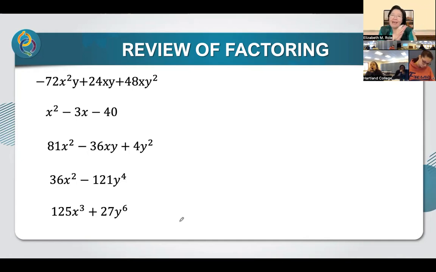You remember the ones that we learned. Factoring GCF, if you have a trinomial with the leading coefficient 1, if you have a perfect square trinomial, if you have a difference of squares, if you have the difference or sum of cubes. All right. So for the first problem there, just for our reminder to remember what we have learned last meeting and even the previous to that with factoring GCF.